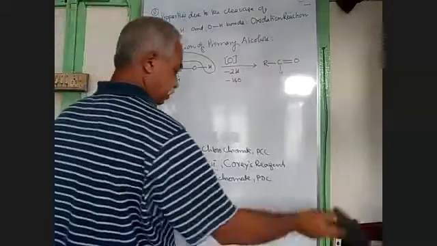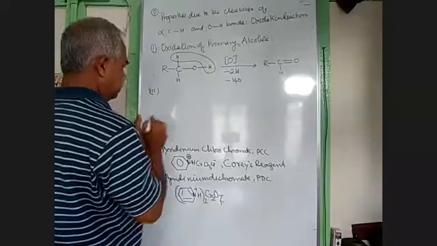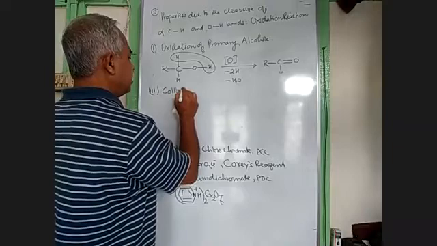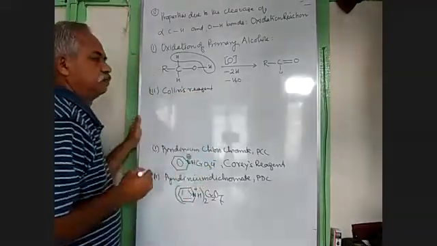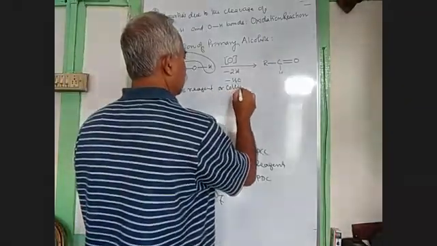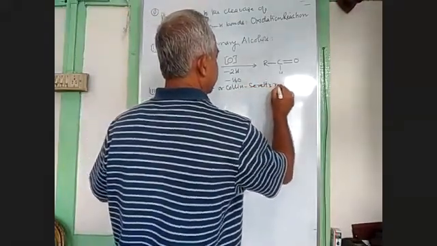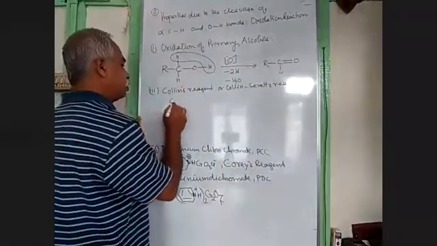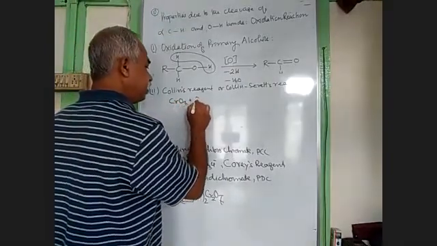Okay. We call it Collins reagent or Collins Sarett reagent. In this case, what you do? We take chromium trioxide in pyridine.